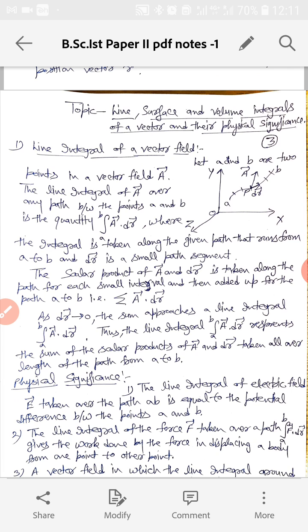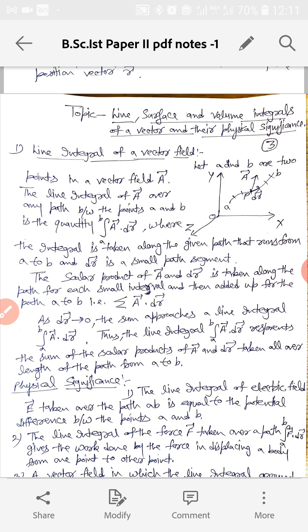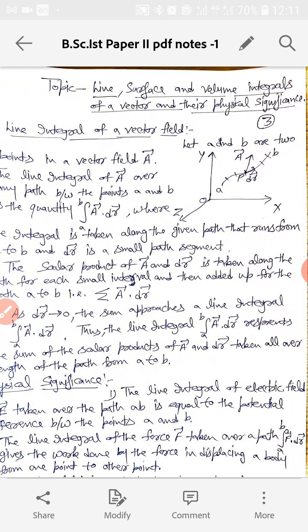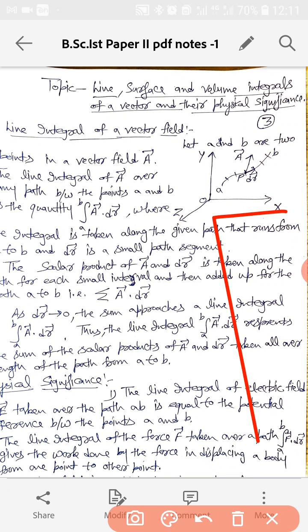So we have considered a region of space with space coordinates x, y and z, and in that region of space our vector field is, say, represented by A. Now in this region of space we want to calculate the line integral of that vector field A over any given path, say from point A to B, which you are seeing in this figure.